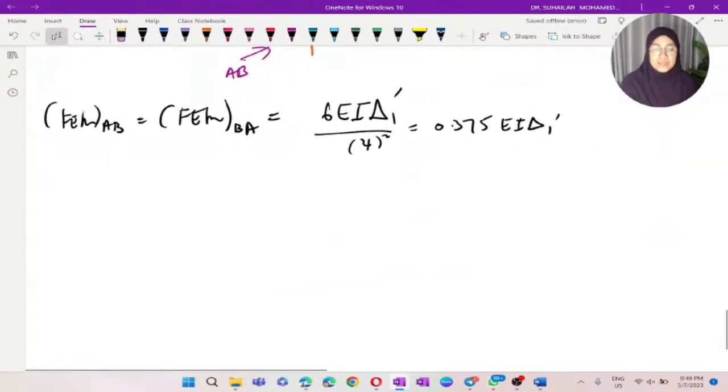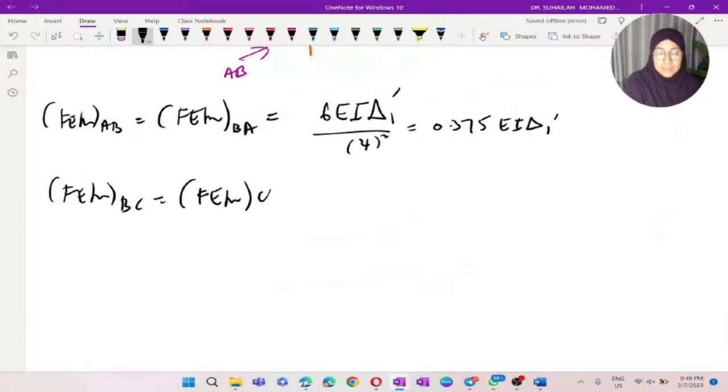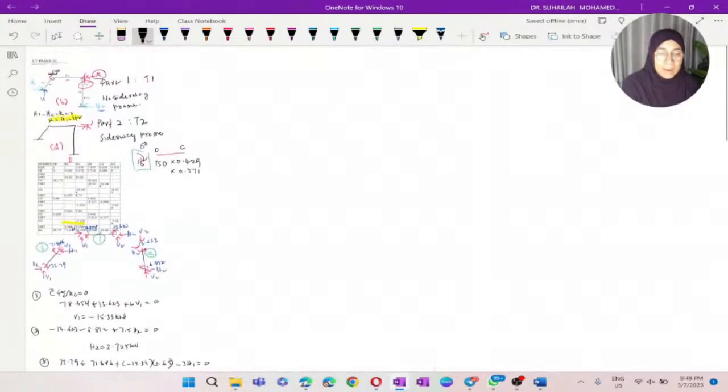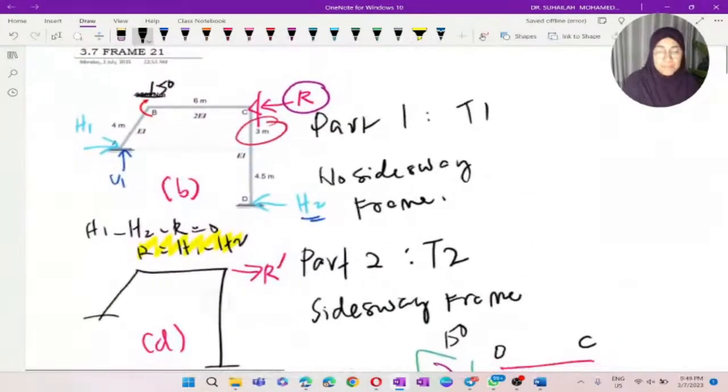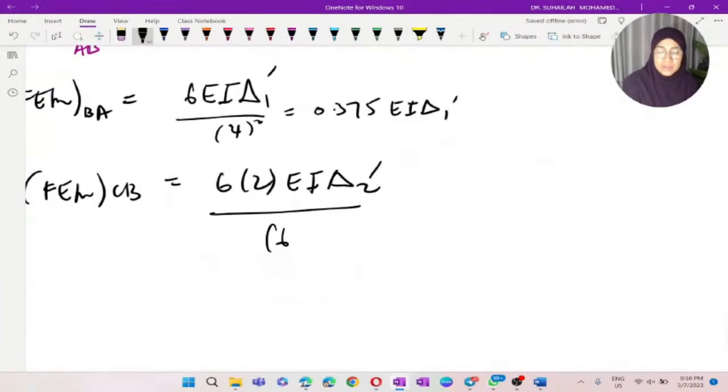Okay, next. The formula to calculate FEM for member BC. FEM BC, which is equal to FEM CB, is equal to 6 times 2 EI. For member BC, we use delta 2. So this is delta 2 prime over L, which is 6 meter, 6 square.